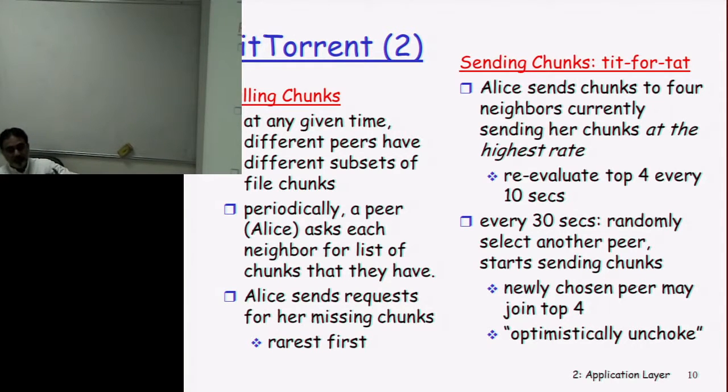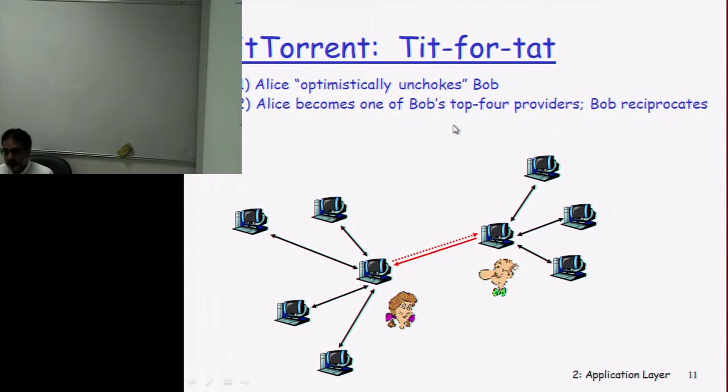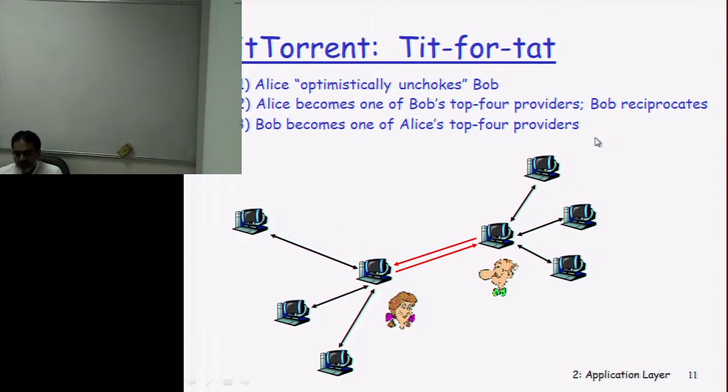You don't have to worry about the rest of them. You just keep in mind the top 4 who are giving you the copy of the chunks. So Alice becomes one of Bob's top 4 providers. Bob reciprocates.